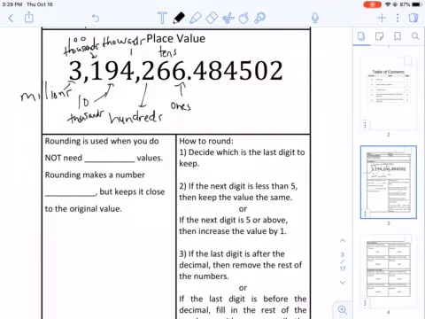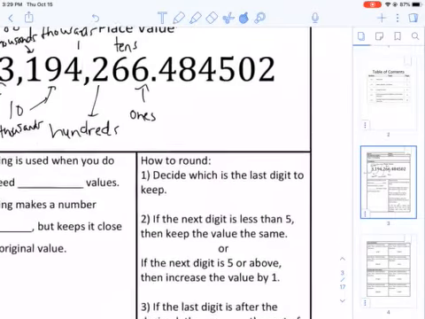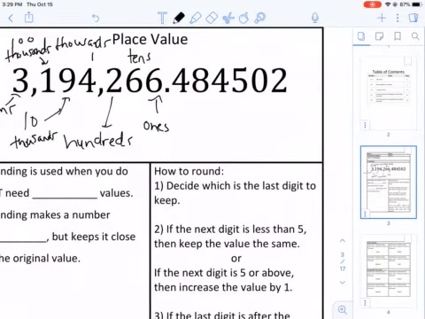Now when you're doing the decimals, it kind of goes in reverse order.